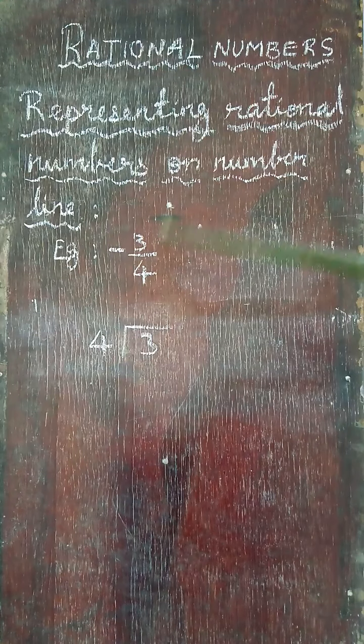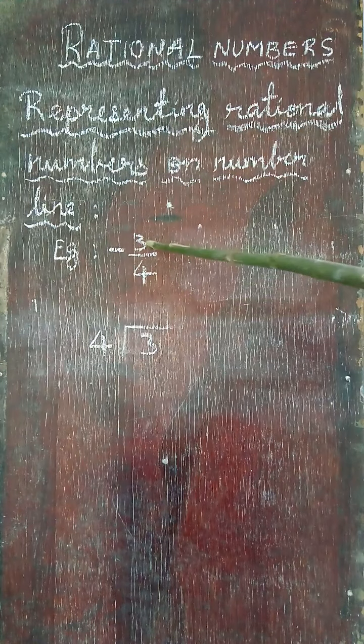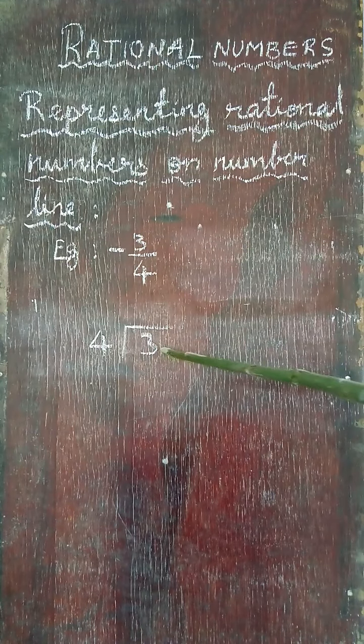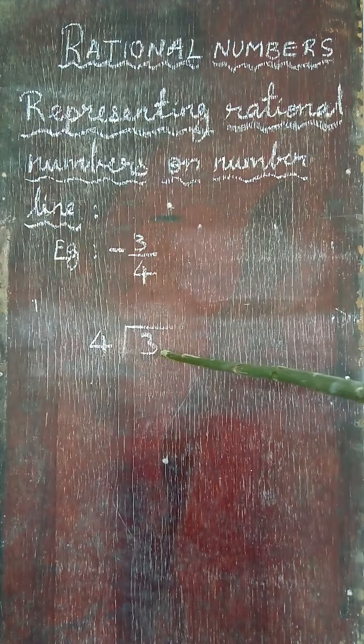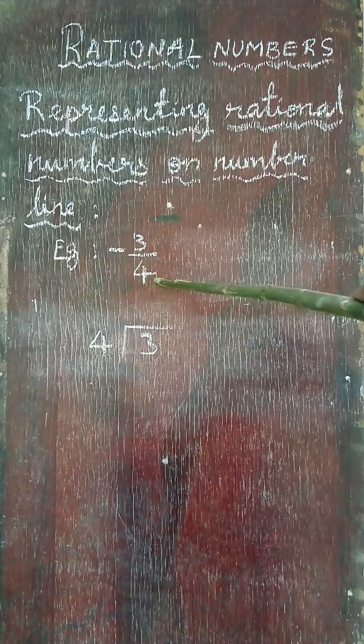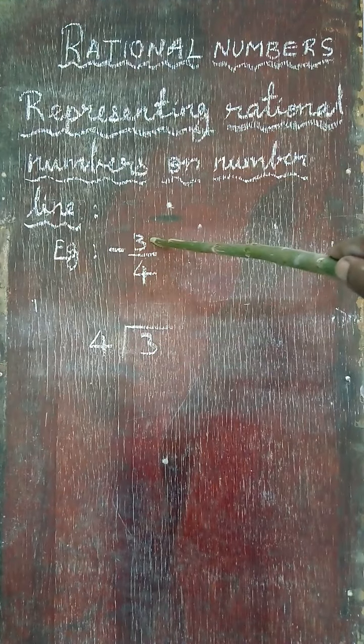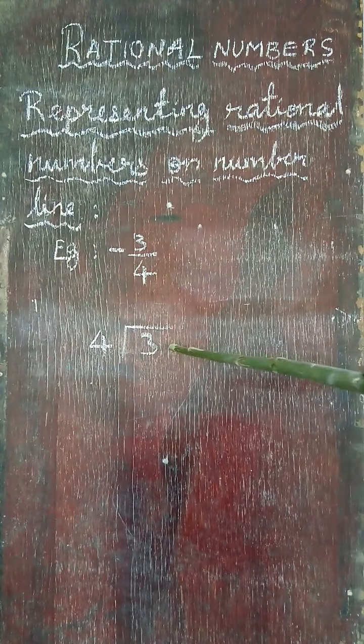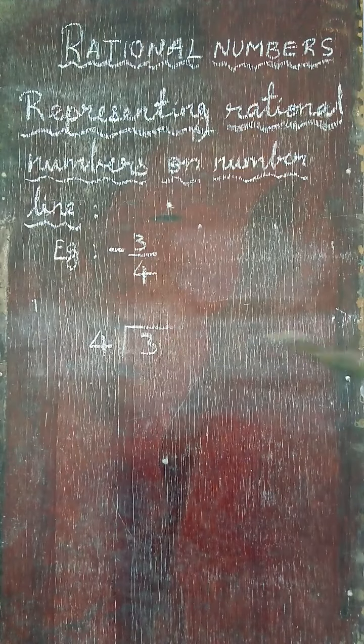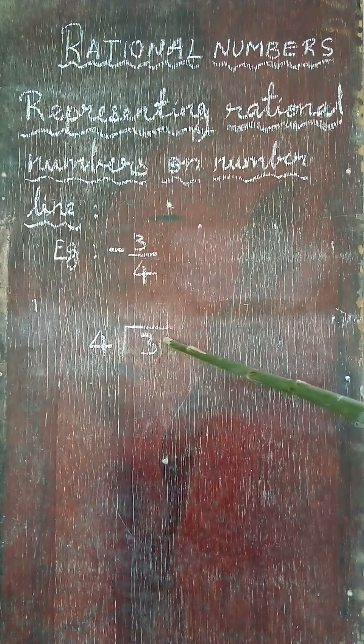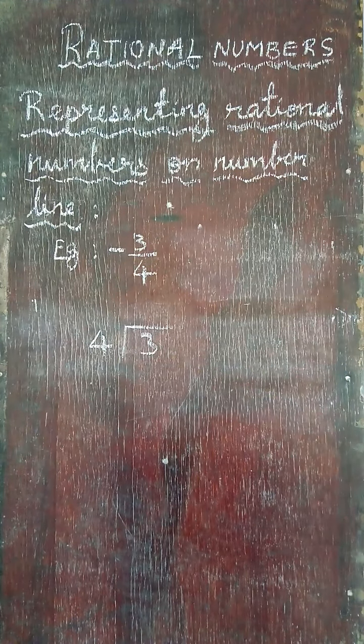Minus 3 by 4. So what we have to do is divide and see. Denominator will be the divisor. Numerator will be the dividend. So இப்படி போட்டு நம்ம divide பண்ணணும். Is it possible for us to divide 3 with 4 table? We can't divide 3 with 4 table. So what we will do?